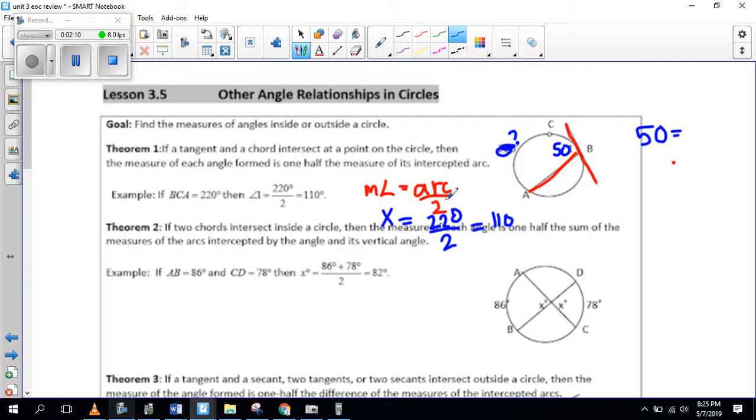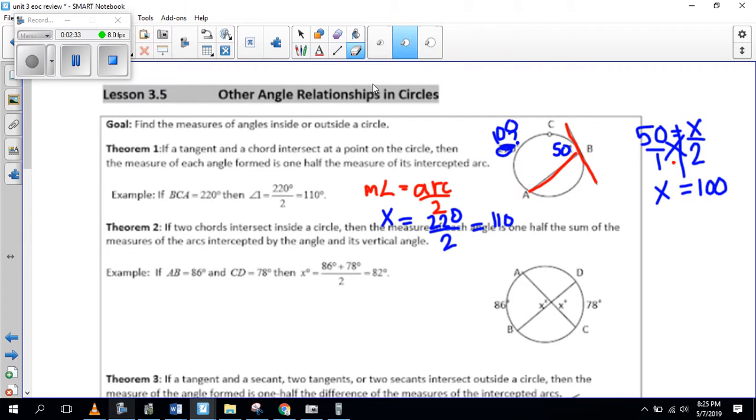Well, we don't know what the arc is, so we're going to put x divided by 2. And this time we need to crisscross applesauce. We get 1 times x is x, and then 50 times 2, which equals 100. So look what happened. When we're going out, we should begin bigger. So 100. So that's just another example for you. Okay?